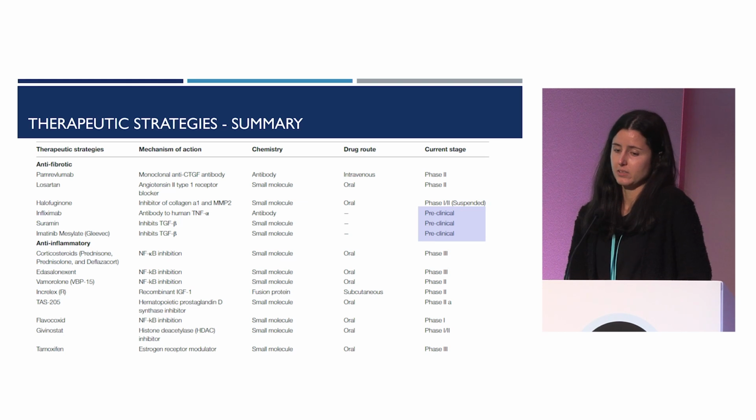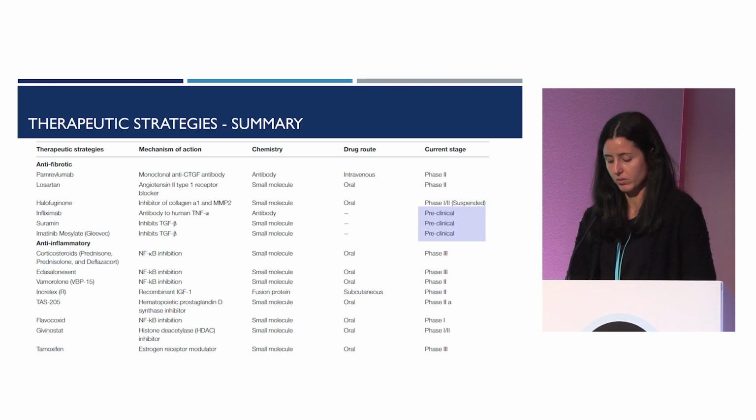And even though some of them didn't arrive to other phases, something that can be done is to create analogs of those drugs, so small modifications that can improve the efficacy and also the efficiency of these drugs into the muscle.